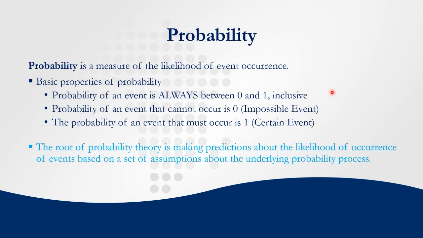So I'm now already using the concept of probability, which is a measure of the likelihood of event occurrence. I've spoken about the p-value being a probability. I've spoken about alpha being a probability. So it measures the likelihood of occurrence. In the form of alpha being the probability of a type 1 error, it measures the likelihood of us having a type 1 error.